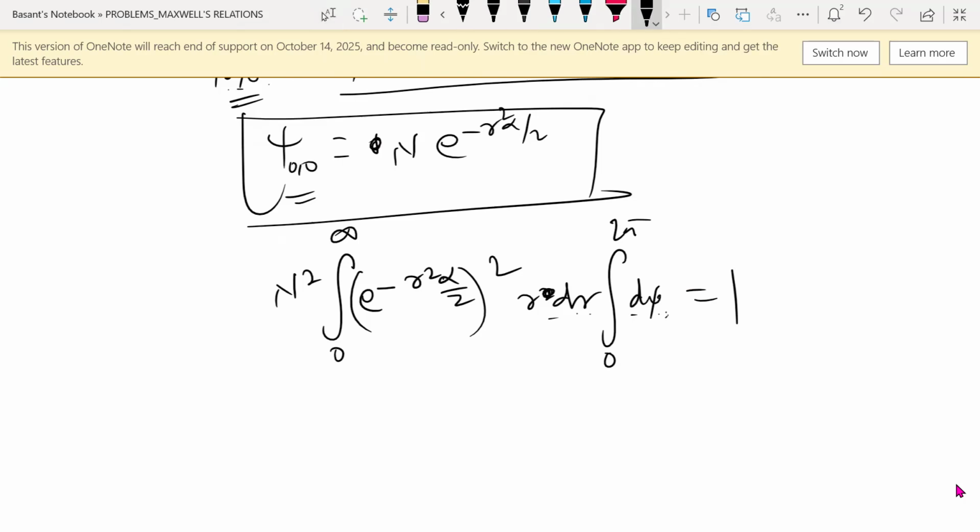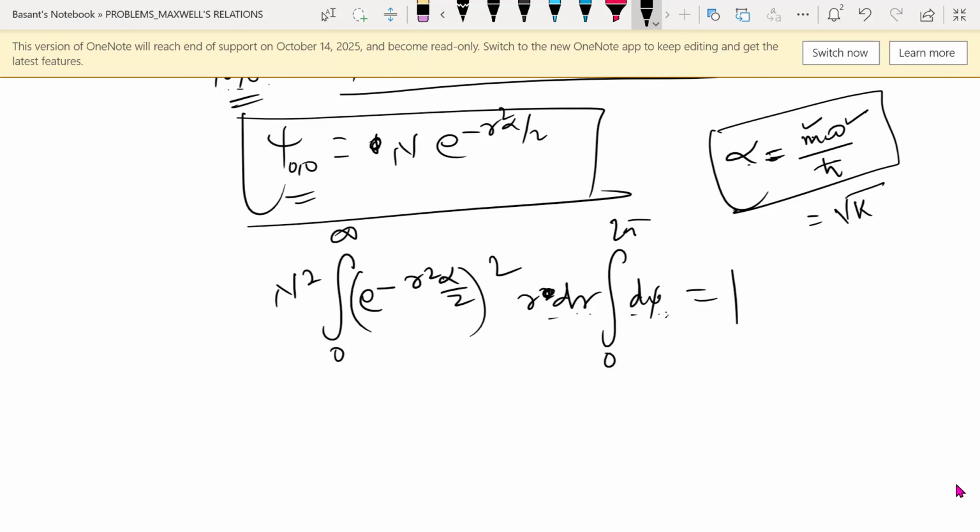Now, what is alpha? Alpha is a combination of constants. So this is equal to m omega by h bar. The mass of the system is constant, the angular frequency is constant, h bar is constant because this is a quantum mechanical system. This can also be written as root under k m by h bar.